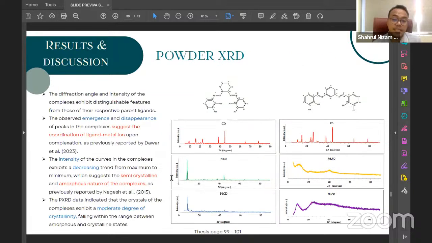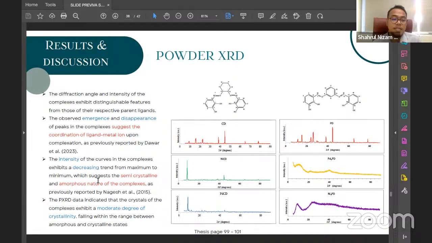We also ran powder XRD here. We just want to know the crystallinity of the complexes and the ligands. If the intensity of the curves of the complexes shows a decreasing trend, it means they are semi-crystalline or amorphous.